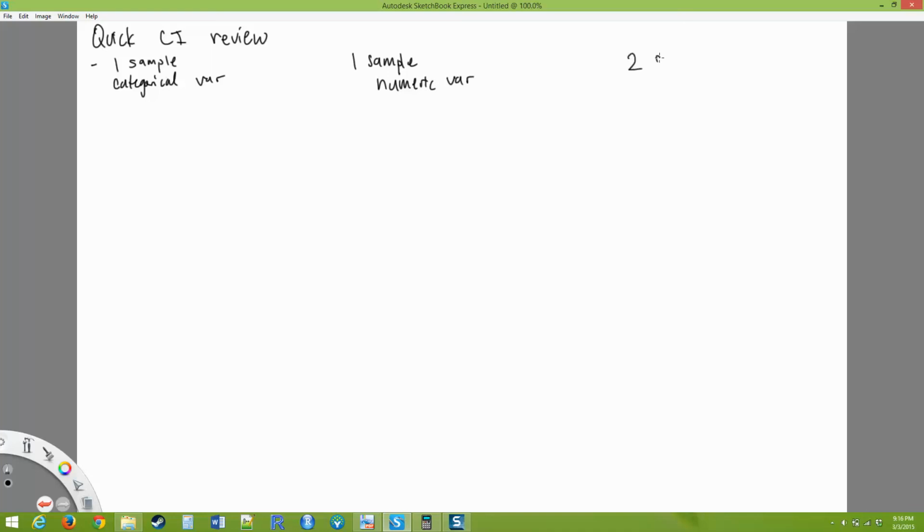And we have 2 samples, numeric variable. Okay? So the one sample categorical variable is a confidence interval for p. One sample numeric variable is a confidence interval for mu, and 2 sample numeric variable is confidence interval for mu1 minus mu2.